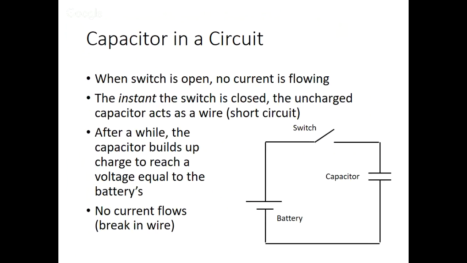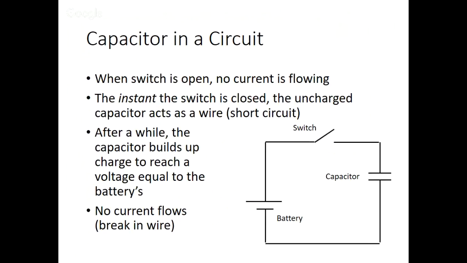Eventually, the capacitor builds up a voltage that's equal to the battery's voltage that it's hooked up to, at which point it will repel any incoming charge with pretty much the same strength that the battery would be pushing it, and all the charges would stop moving. And now you've got what's essentially a break in the wire.